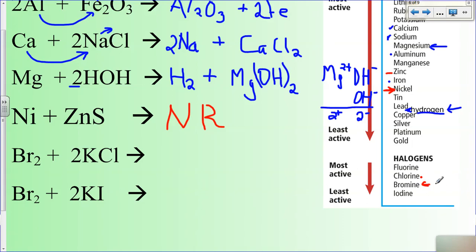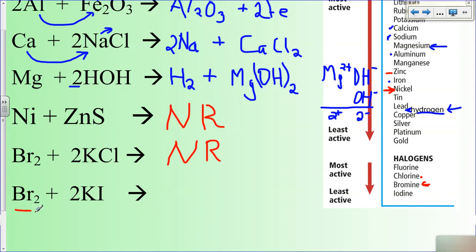Bromine is beneath chlorine. Can this reaction occur? The answer is no, no reaction. And so that's what you would write, a big NR for no reaction. Bromine can only replace something that is beneath it. So it could only replace iodine. It cannot replace a fluorine or a chlorine. But a fluorine or a chlorine, being above the bromine, could replace bromine or iodine.